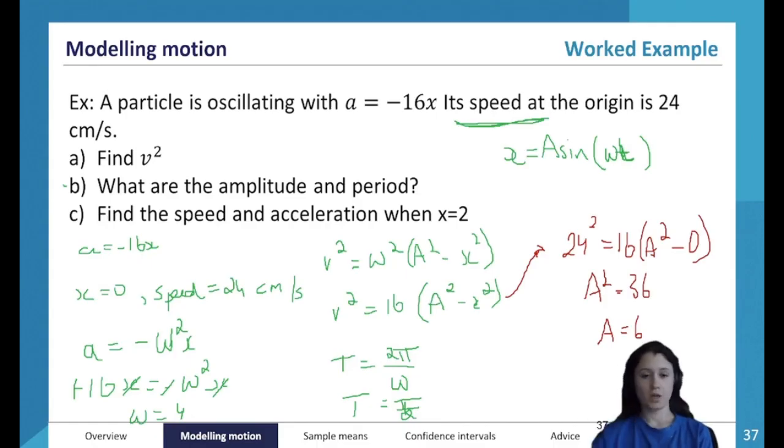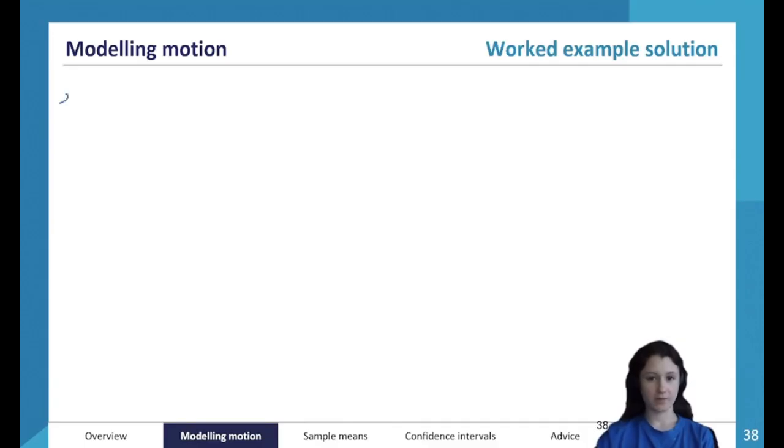so now we're up to part C. Find the speed and acceleration when x equals 2. So now we need to use this one here. Let's go over to the next slide. So we have x equals a sine omega t.